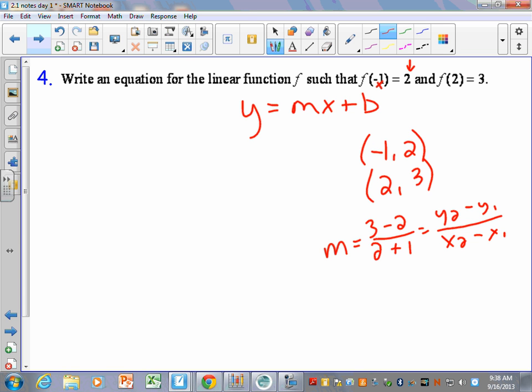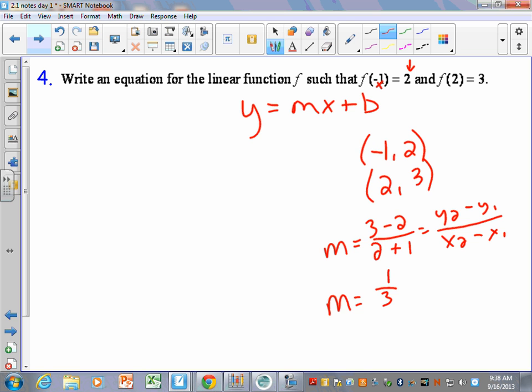Rise over run. The rise is the y's. Good way to remember it. So my slope would just be 1 over 3, because minus a negative 1 makes plus 1.